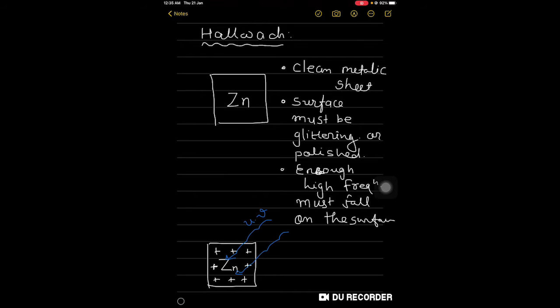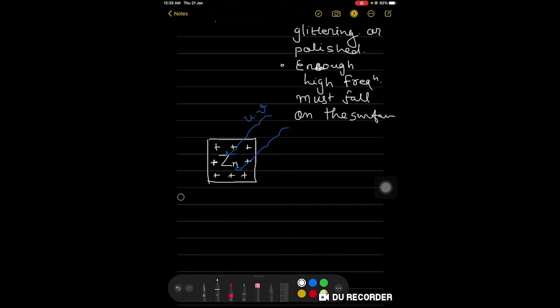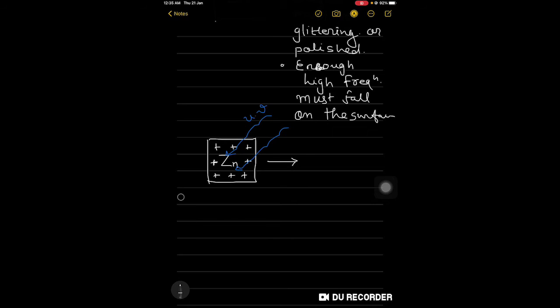After the application of UV light on this zinc plate, what he observed is the very interesting part: when he observed the same zinc plate after some time, initially it was positive.